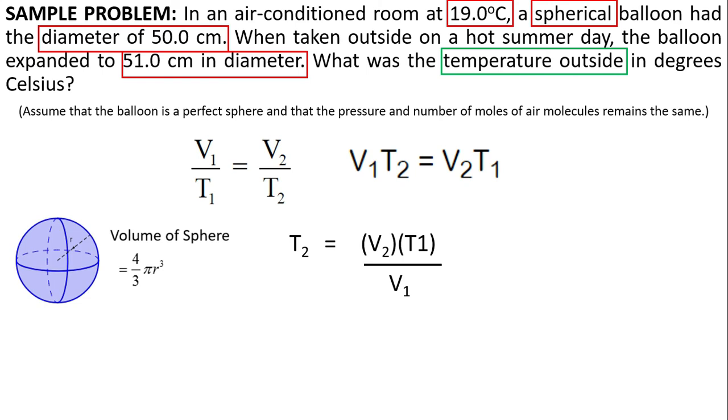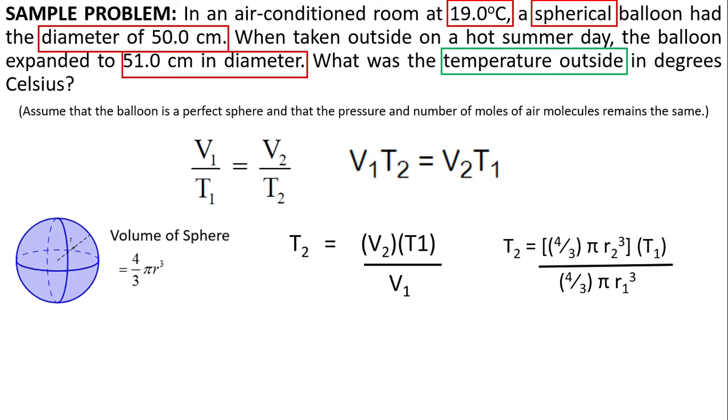And we know that the volume of a sphere is equal to 4/3 pi r cubed. We can substitute this to V. So we will have 4/3 pi r cubed times T1 over 4/3 pi r cubed of volume 1.